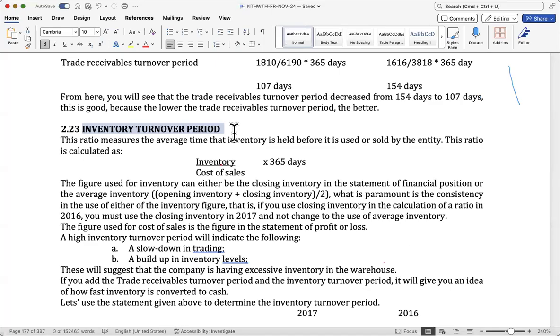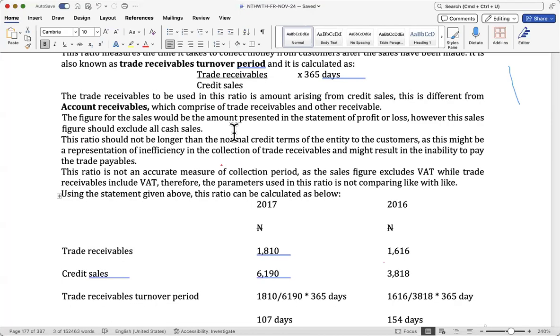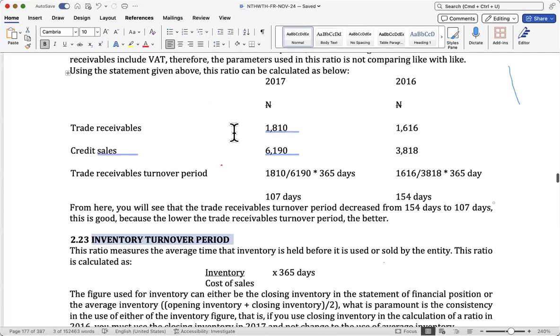So what do you think that 70 days would represent? That 70 days would be the number of days it takes for you to convert your inventory to cash.